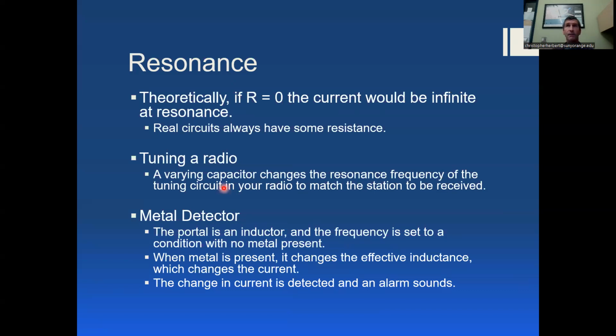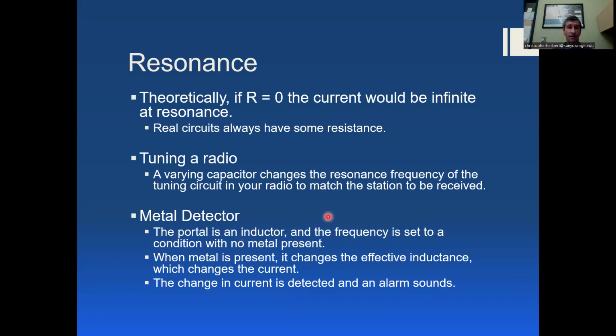By tuning the capacitor, and the inductor is basically fixed, it's a coil wrapped around the antenna for simplicity's sake here. If we get the capacitor to match the inductor at a particular frequency which is being broadcast, we can use that fact that it will maximize the current at resonance. Then we can amplify that signal and use that for a radio.